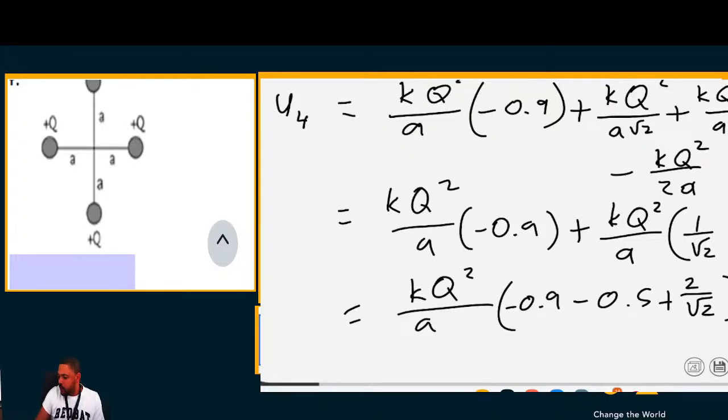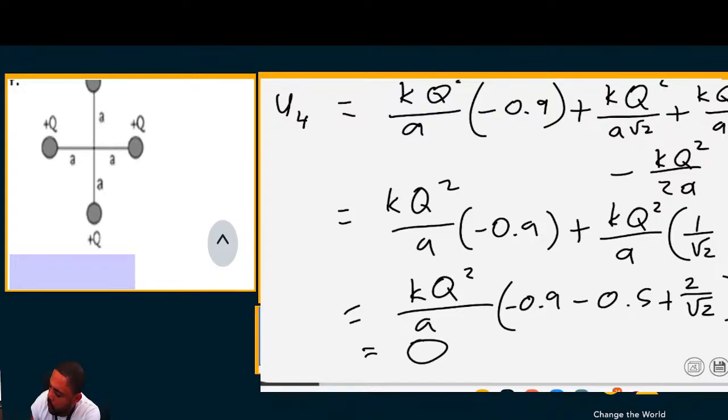That is approximately 0.9 minus 0.5, that's 1.4. 2 divided by square root 2, my math is not failing me. Yes, it is 1.4. So this answer will be 0 if you were to work out the whole thing.